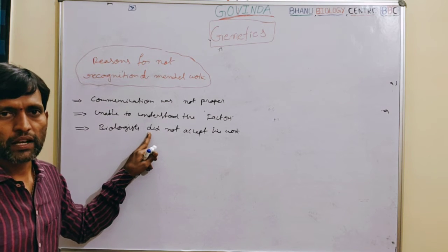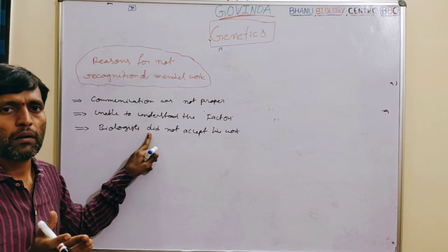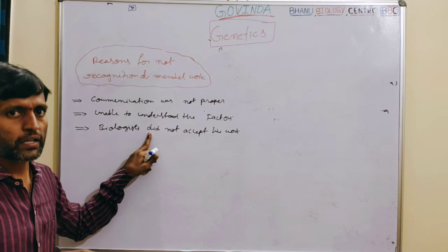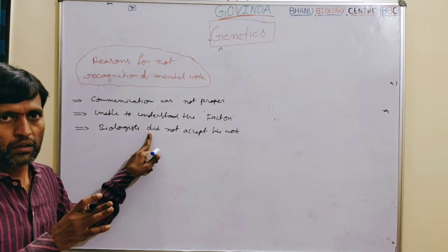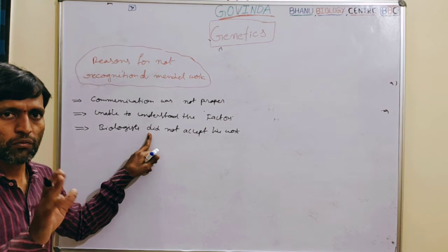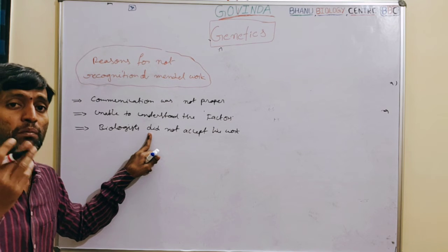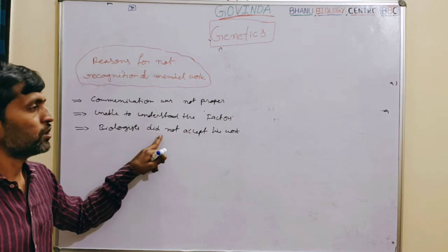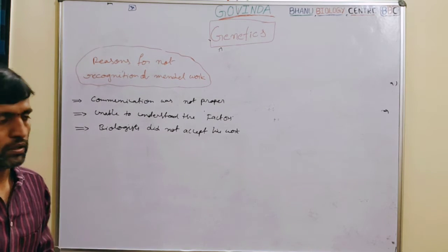For analyzing the results, he applied mathematics. That was the first attempt made by Mendel. So what was the first attempt? Usage of mathematics for the explanation of biological phenomena. Many other biologists did not accept that.